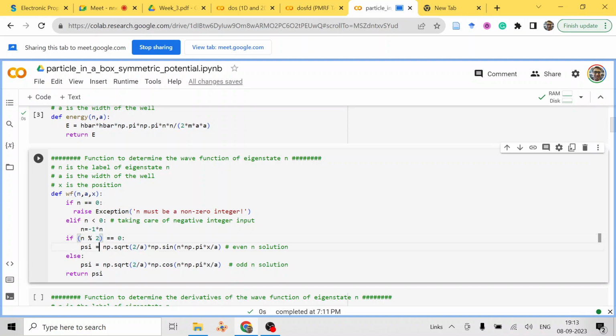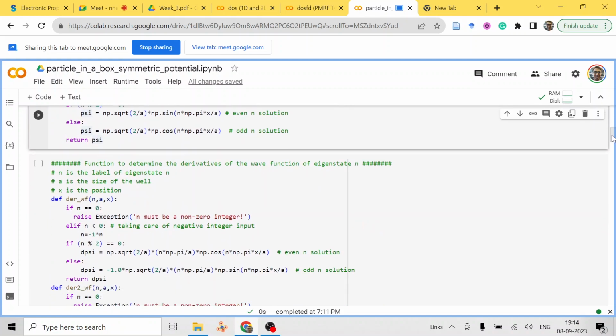Then this conditional statement checks whether n is even or odd. If n%2 is exactly equal to 0, n is even, and we use our even solution, which is square root of 2 by a, sine of n pi x by a. Else, it must be odd, and we use the odd solution, and then the function returns our wave function.